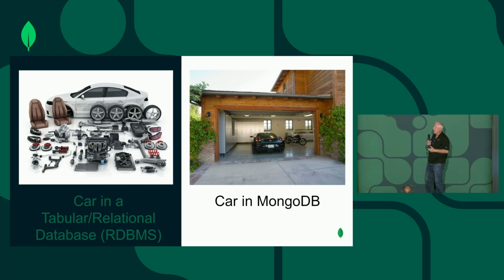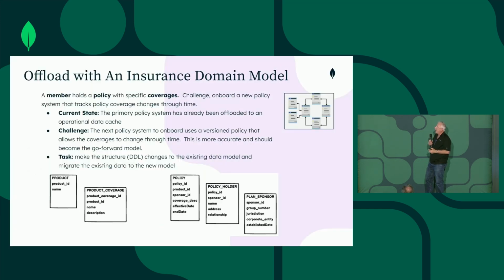Moving on, what I'd like to do is talk a little bit about this little insurance policy type model. Consider our offload project. Everybody knows that insurance companies are very acquisitive, right?